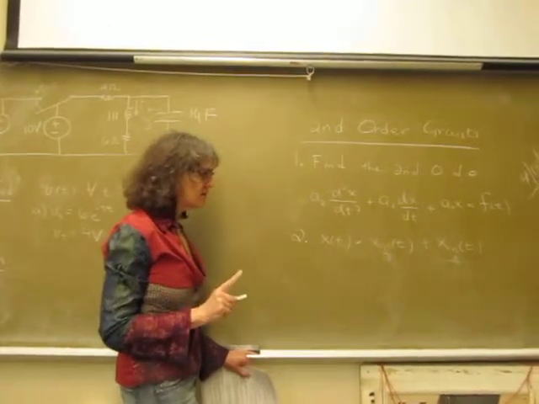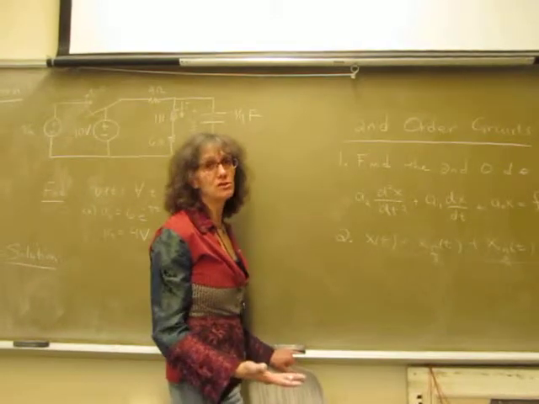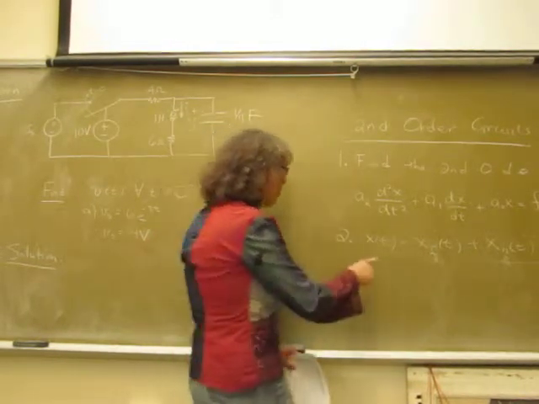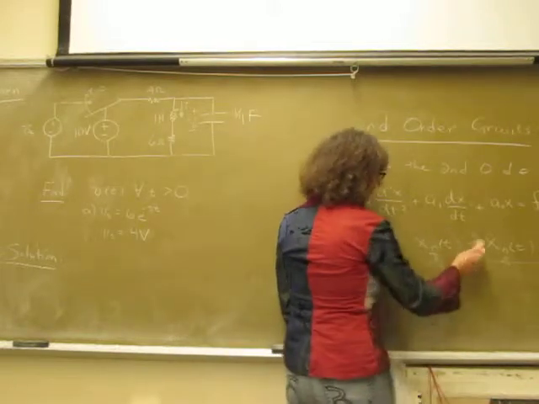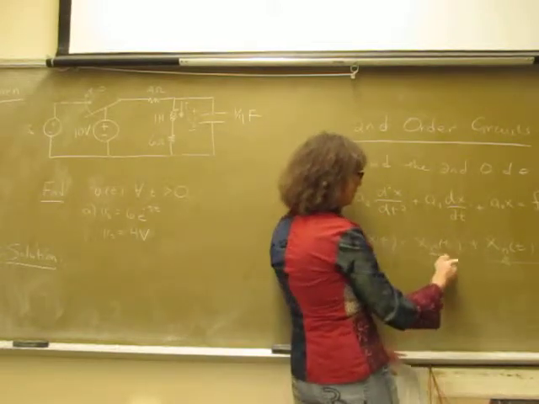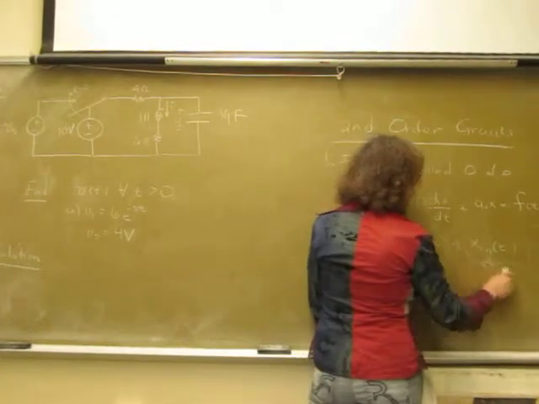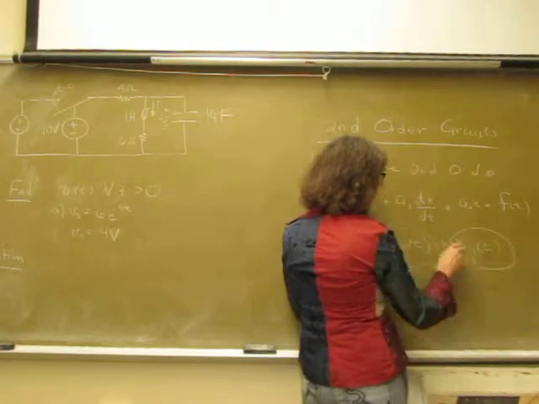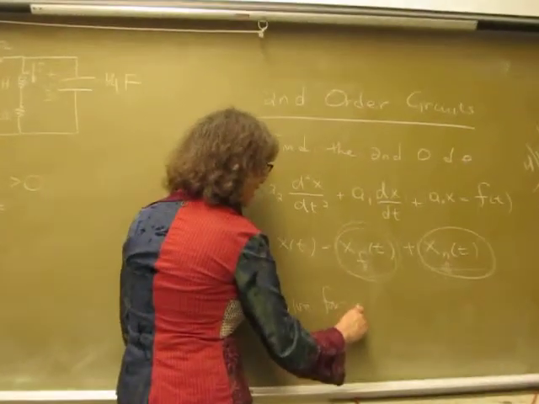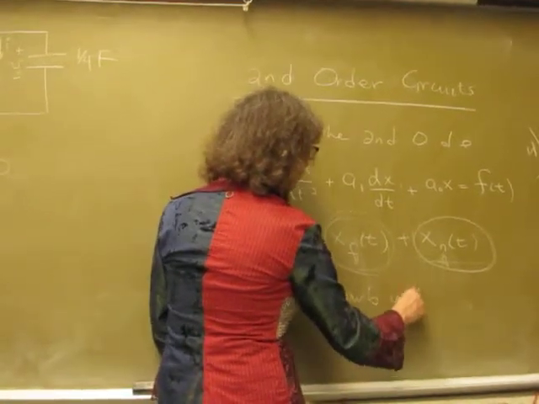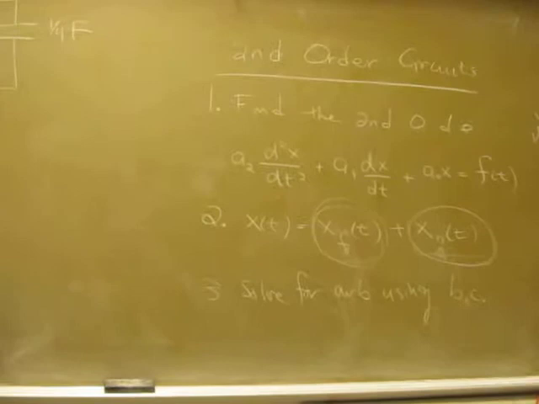And those constants you can calculate from knowing what the initial conditions are. So to solve the differential equation, you're going to have to figure out what the forced part is, figure out what the natural part is, put them together, and then solve for the arbitrary constants using the boundary conditions, or the initial conditions, if that's what they are.